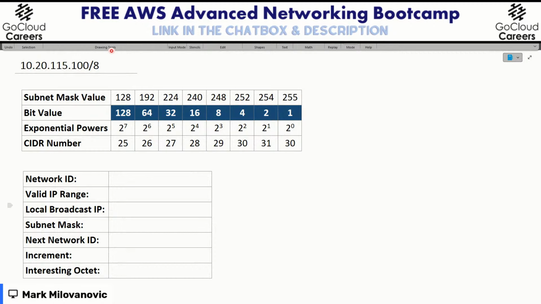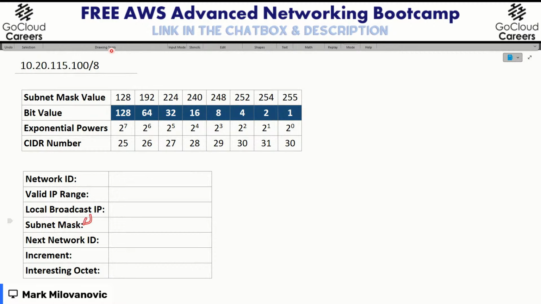Another use of the local broadcast, think of it as shouting it out to everybody who can hear, is when we have a component such as a server that can assign IP addresses dynamically to those that ask for it, using a protocol such as the Dynamic Host Configuration Protocol. So it's very important to understand how we get it and how it is derived through the math.